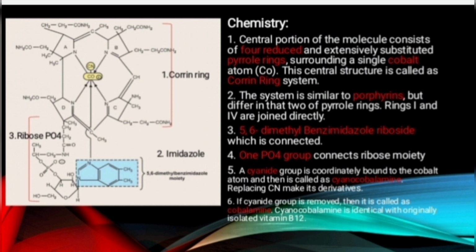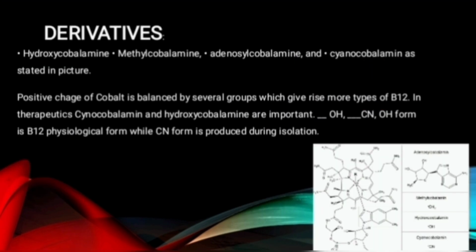These coenzymes do not contain the CN and hydroxyl group mentioned in their chemical structure, but they contain one of the following two groups attached to the cobalt. One is deoxyadenosyl cobalamin, and the second one is methylcobalamin, containing a methyl group.